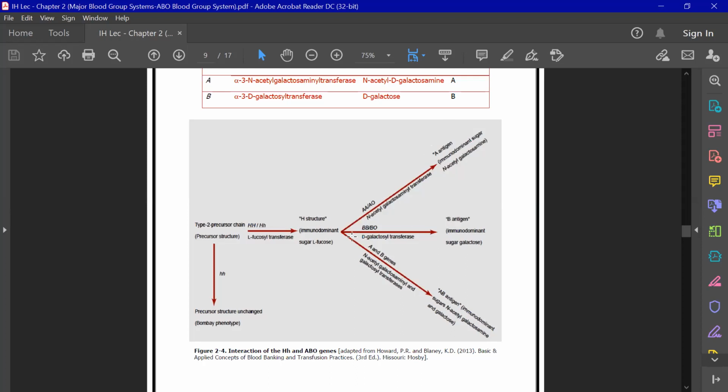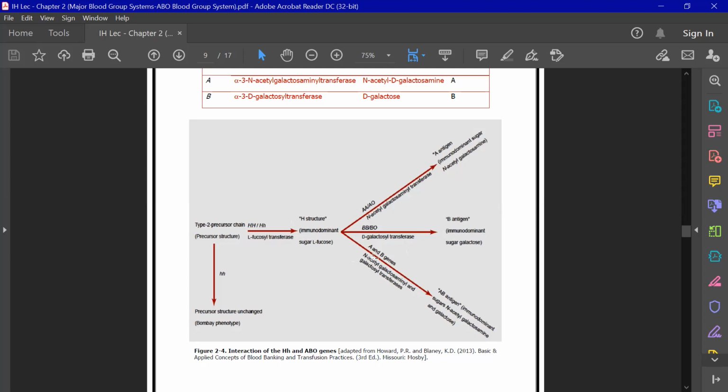And for the formation of your B antigen, we have the inheritance of your B gene, which produces now the D-galactosyl transferase, and this enzyme will now add the sugar D-galactose into the H structure, which will now form your B antigen. And of course, the inheritance of both your A and your B genes will now produce both your N-acetyl-galactosaminyl transferase and your galactosyl transferase.